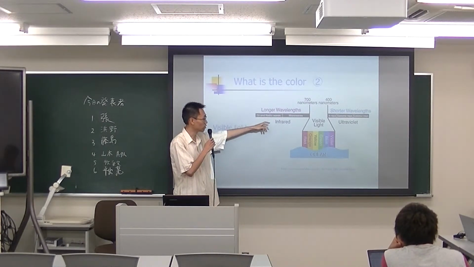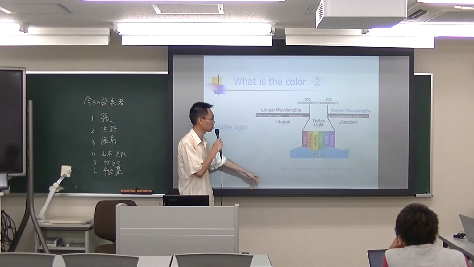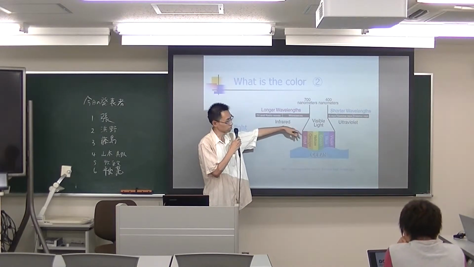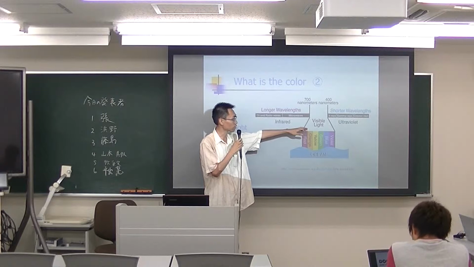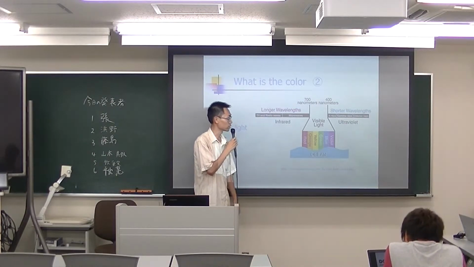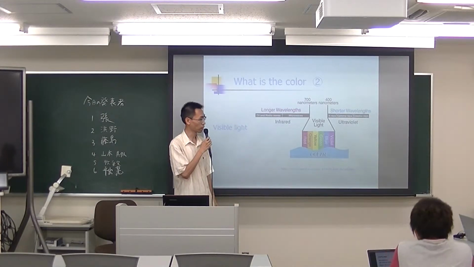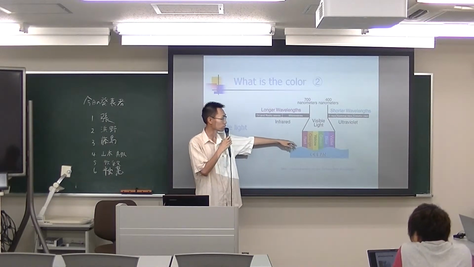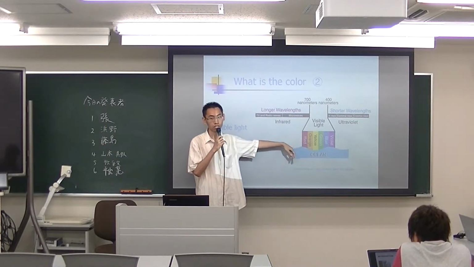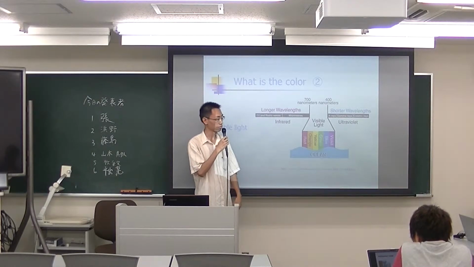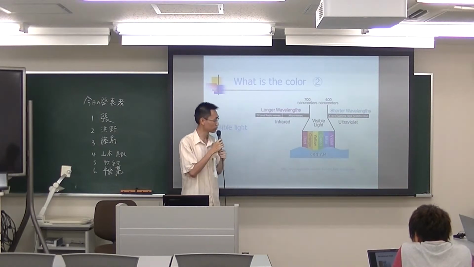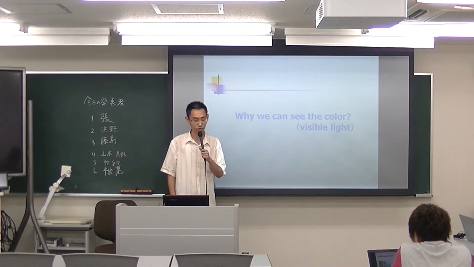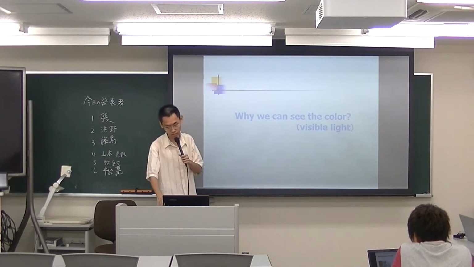A little bit too long, we call them microwaves, and a little bit too short, we call them gamma rays or X-rays. But right in the middle of the spectrum, we call them visible light. This is the most useful for seeing. So where can we see the color, or the visible light?